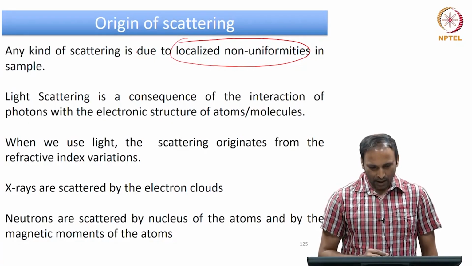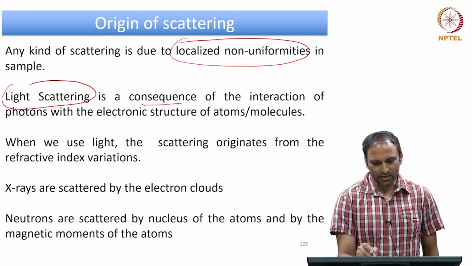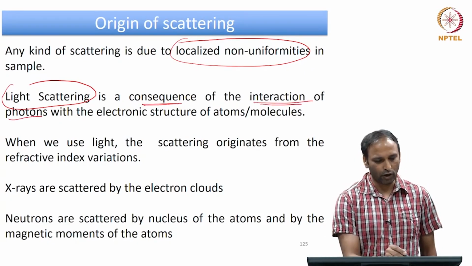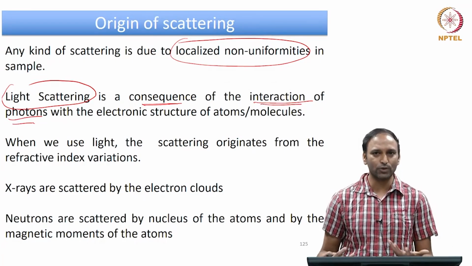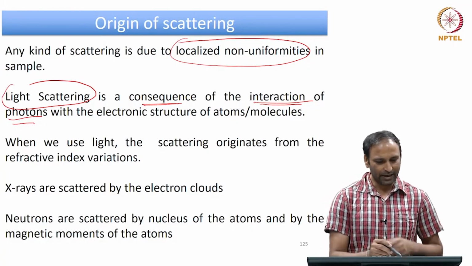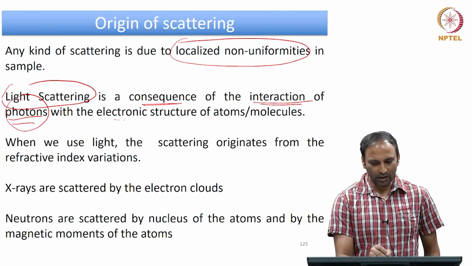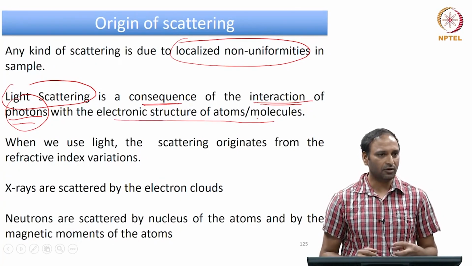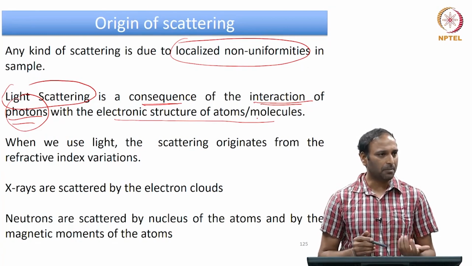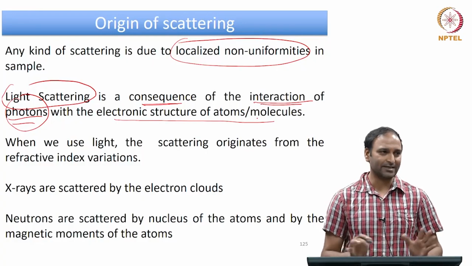And light scattering is a consequence of interaction of photons, because whenever you take any light source, it is made up of photons, and interaction of the photons that make up the light with the electronic structure of the atoms or the molecules that make up the particle, or the dispersed phase, is what gives rise to what is called light scattering.